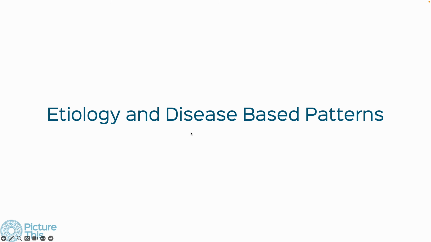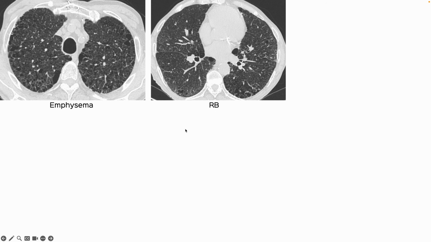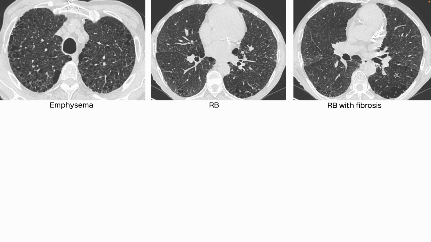Some patterns are just etiology and disease-based patterns. So let's say you have a smoker with a 20 pack year history of smoking, then you know that you're dealing with a whole bunch of different conditions. This is a single patient with so many findings. There's centrilobular and paraseptal emphysema, the ill-defined branching centrilobular opacities of respiratory bronchiolitis.